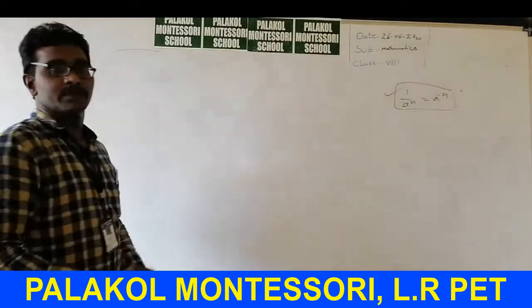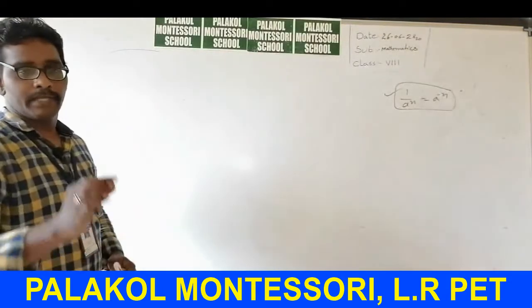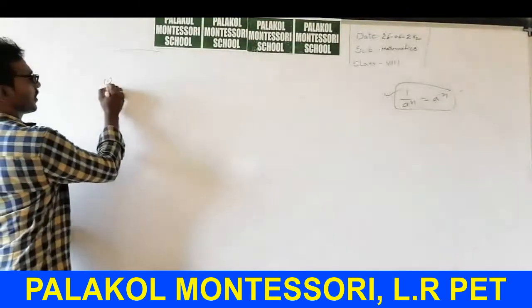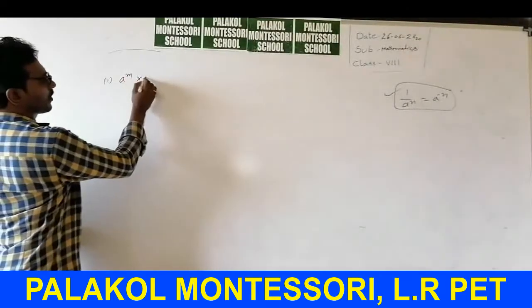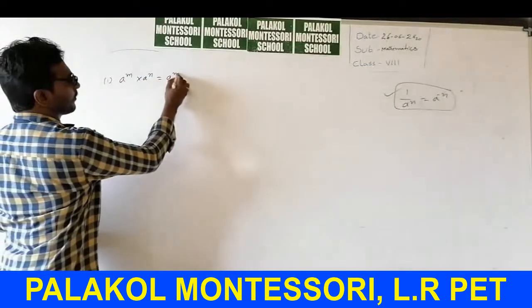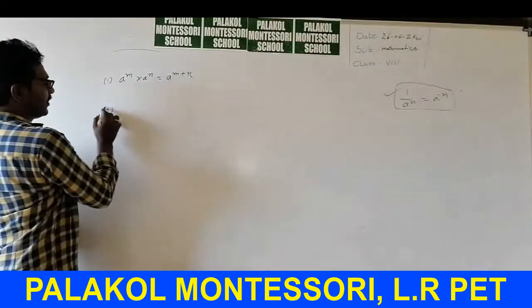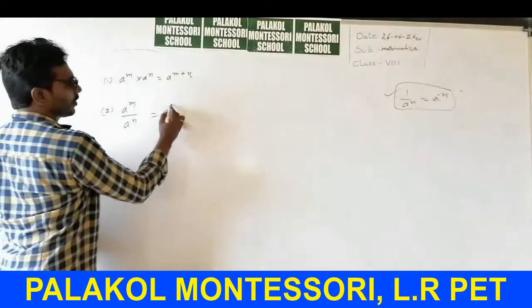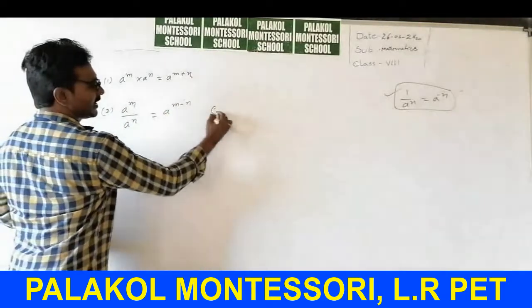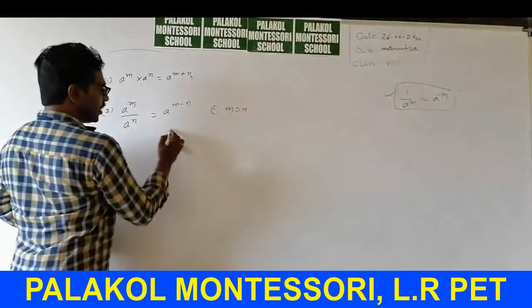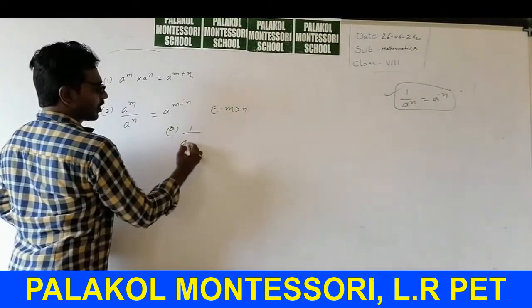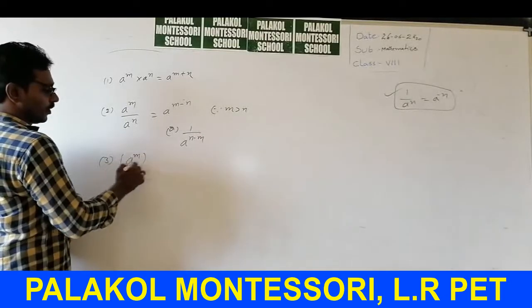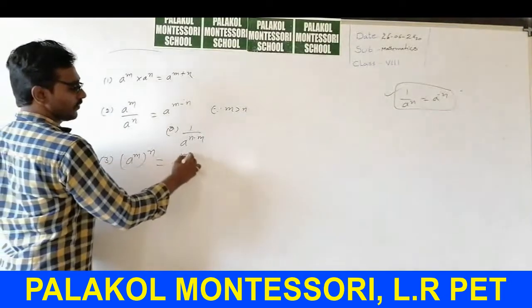Once again remember that one. In this chapter, mainly important formulas. Once repeat the formulas. First one, a power of m into a power of n is equal to a power of m plus n. The second one, a power of m by a power of n is equal to a power of m minus n, here m is greater than n, or 1 by a power of n minus m. The third one, a power of m whole power of n is equal to a power of mn.